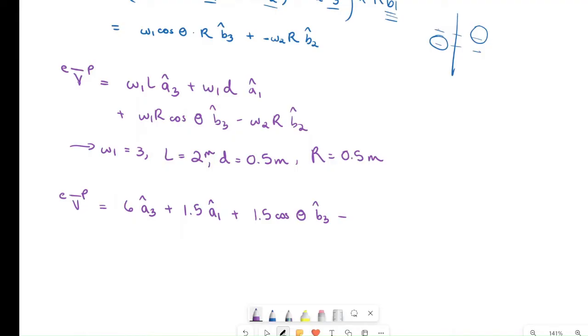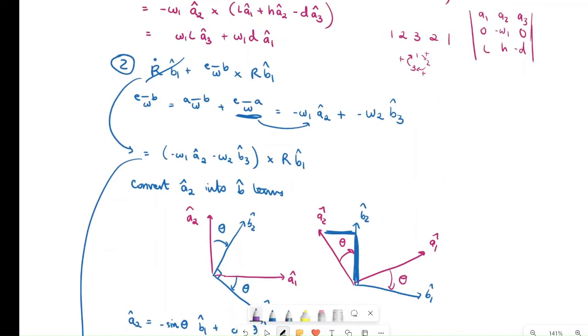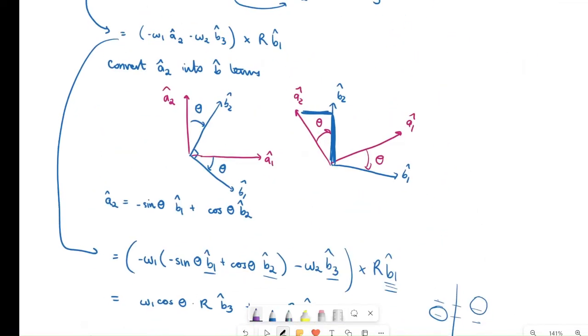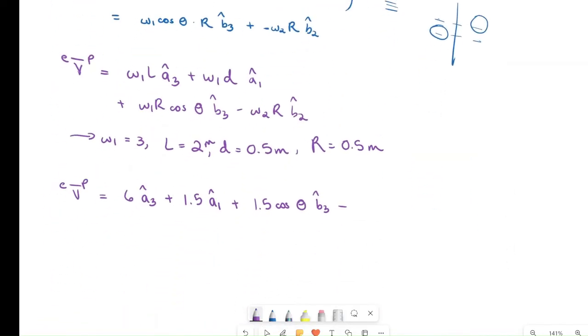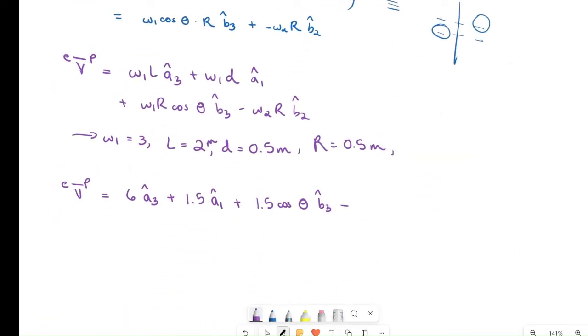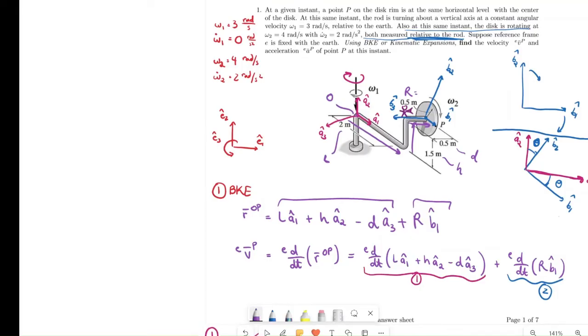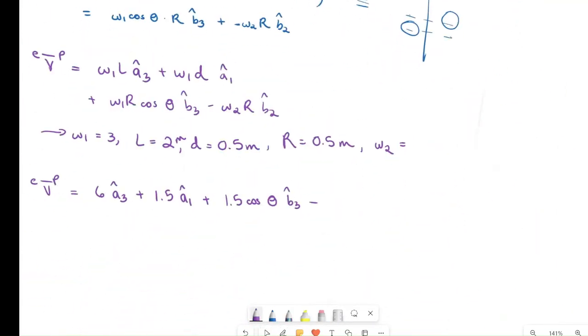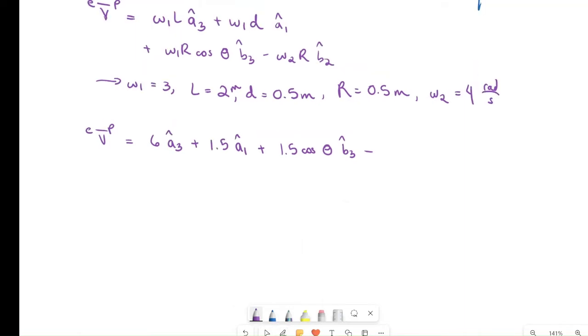Oh, wait. I'm so sorry. Oh, never mind. Okay, so sorry, we're good. I forgot the omega 2 existed. So the omega 2 is equal to 4 radians per second. Alright, so minus R times, so that's 2 B2 hat.